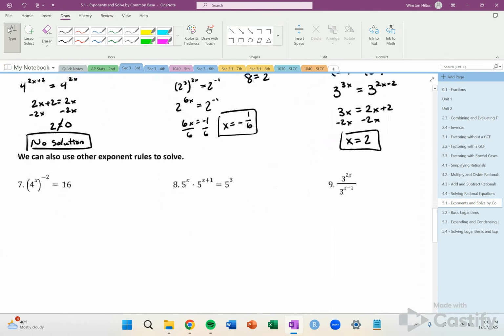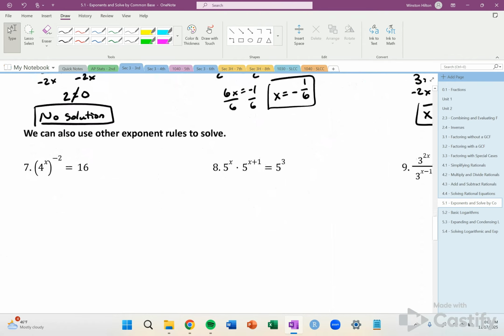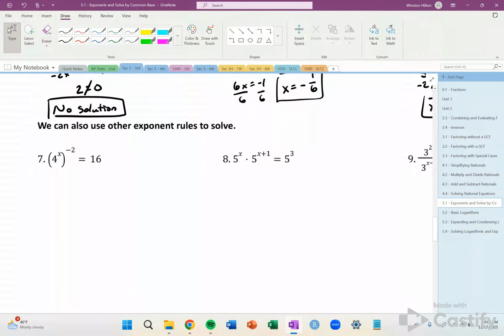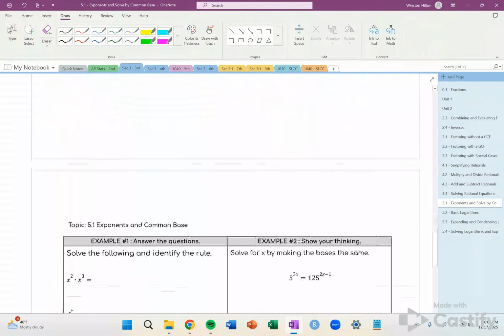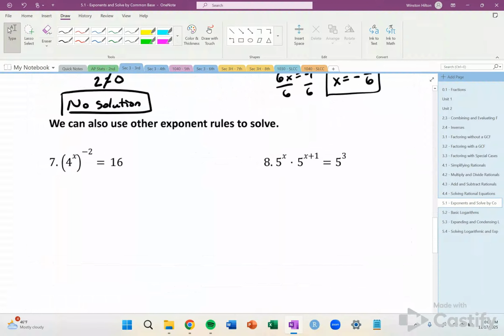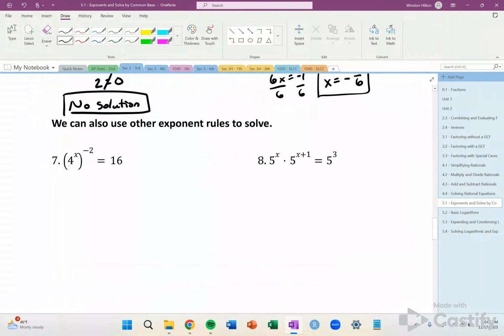So we can also use other exponent rules to solve. Same sort of idea as before. Here we have a power raised to a power, so multiply those powers. 4 to the power of negative 2x equals 16.